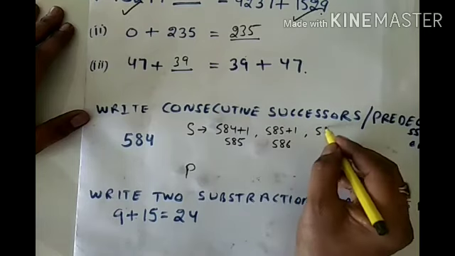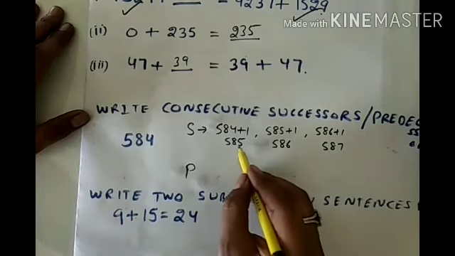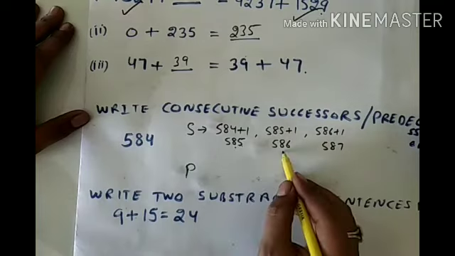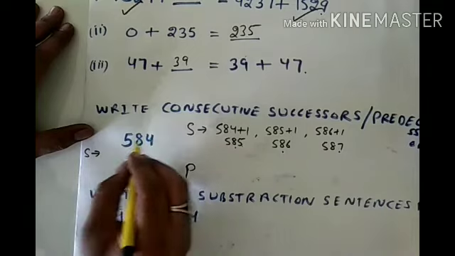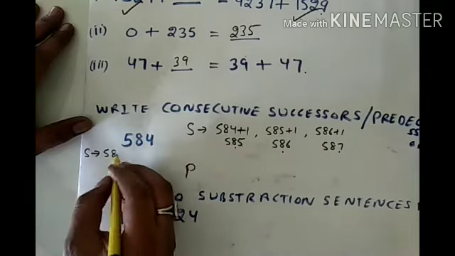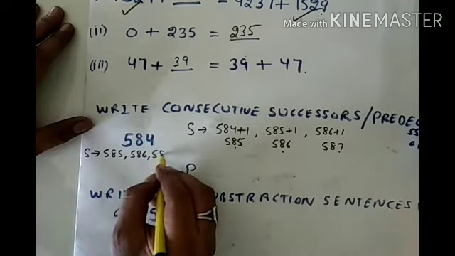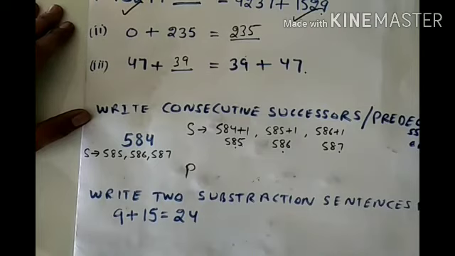After that 586 plus 1, that is 587. The first consecutive successor is this, after that this, and after that this. So the consecutive successors for 584 are 585, 586 and 587.